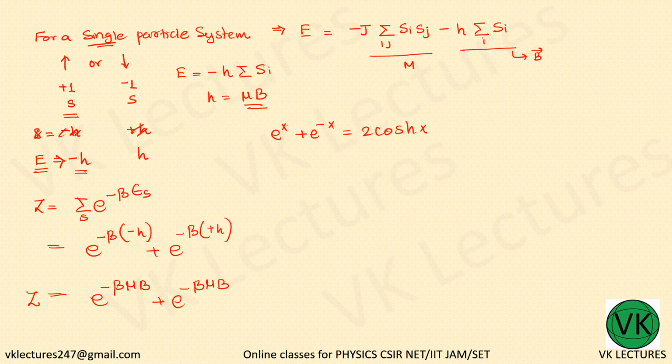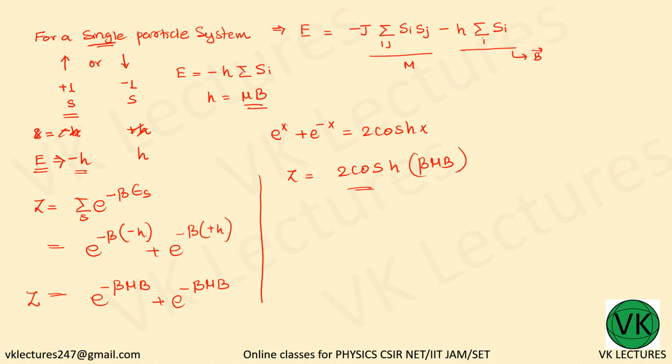So Z can be written as 2 cosh, with x being beta times mu B. So Z is equal to 2 cosh beta mu B.